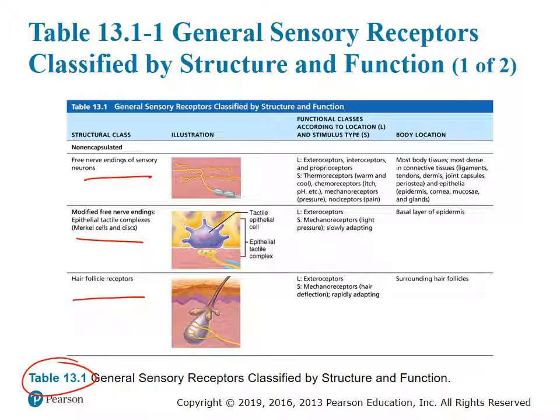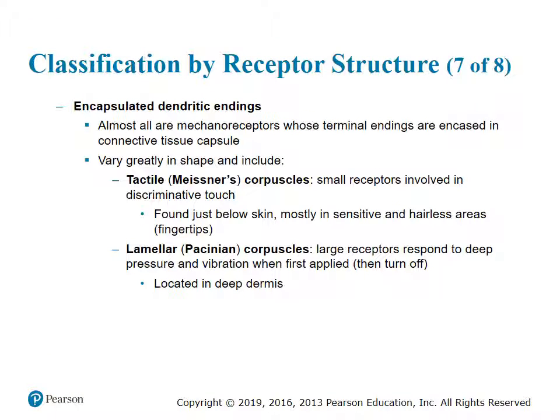Different kinds of receptors. These are the encapsulated ones. Those are the free ones, non-encapsulated. These are the encapsulated ones, mostly mechanoreceptors. When we talk about encapsulated, there's a connective tissue that surrounds the end of the receptor.